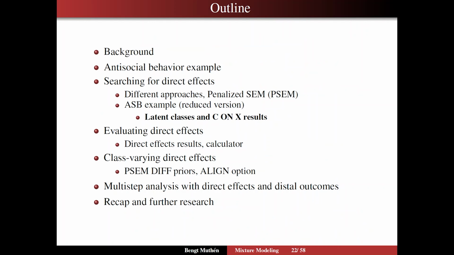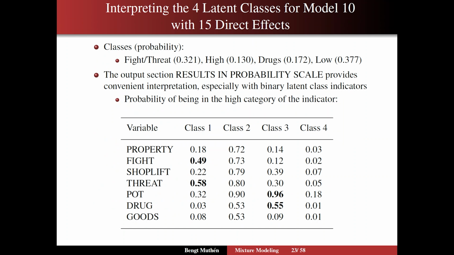All right, now let's turn to the latent class results and the C on X results for the model I chose. So let's interpret, first of all, the 4 latent classes for this model 10 with 15 direct effects.